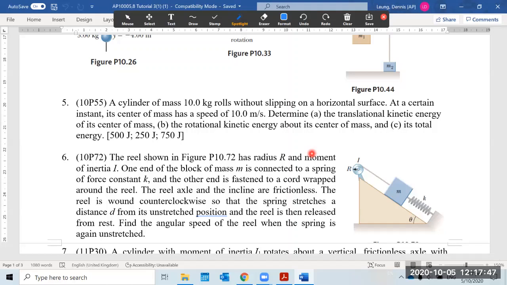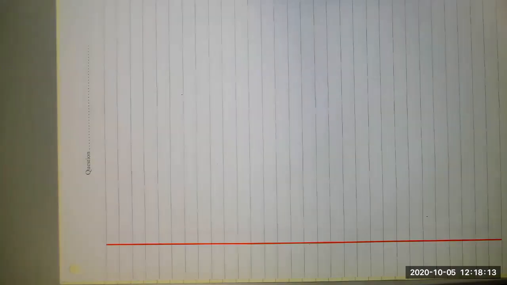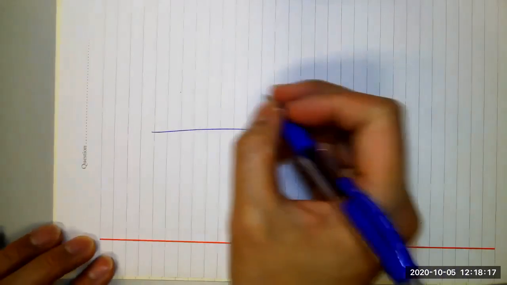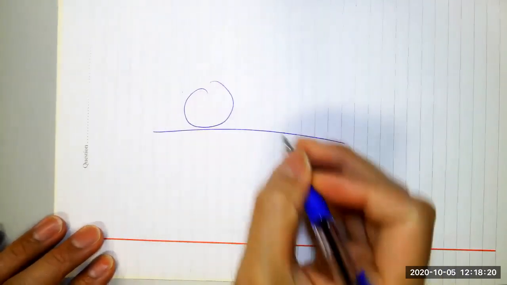So the situation is just like this. You have a sphere rolling on a horizontal surface.